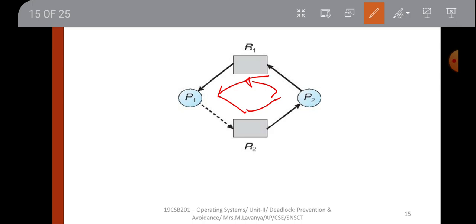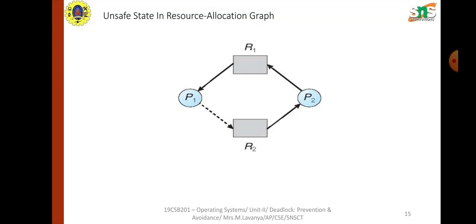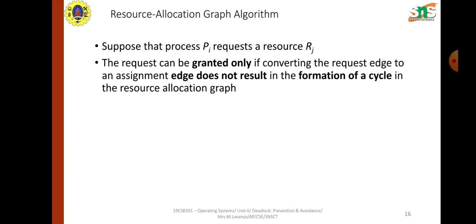If a loop occurs in the RAG, then there is an occurrence of deadlock. So before allocating the resource, we must check that there is no formation of a cycle in that resource allocation graph, and that is what is explained here.